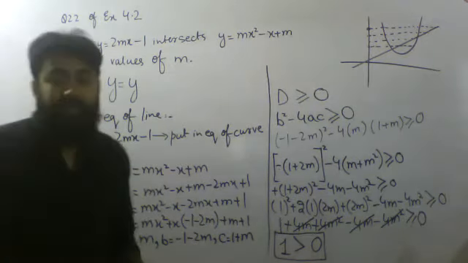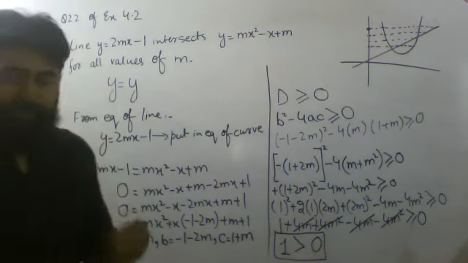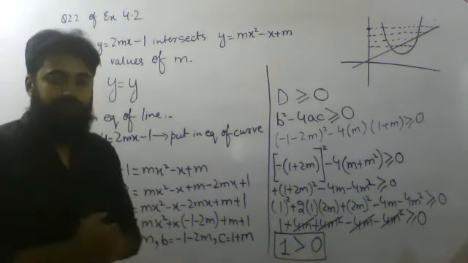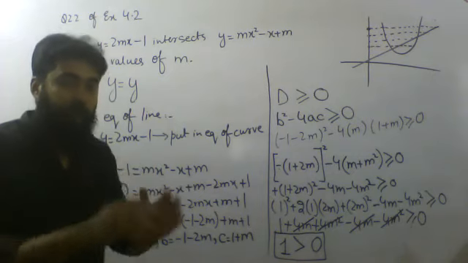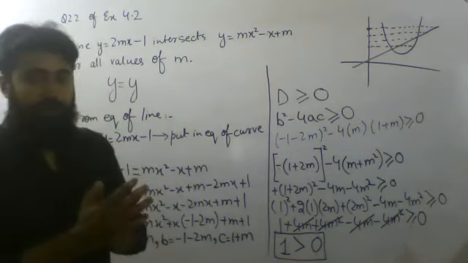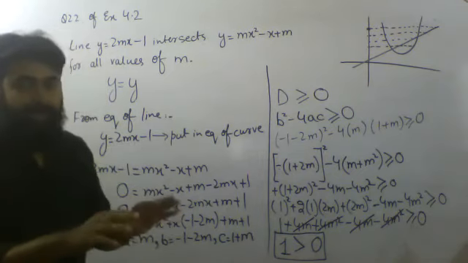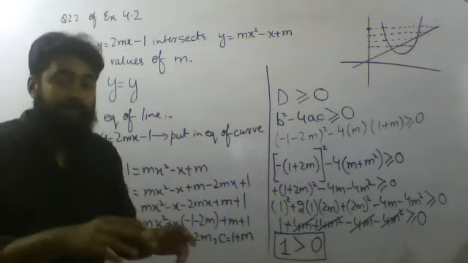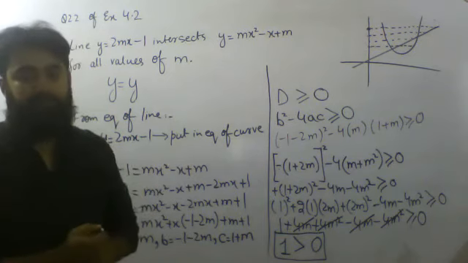So when they say in any question, for all values of a given variable, it means when you solve it, eventually at some stage the values of that variable will get cancelled.